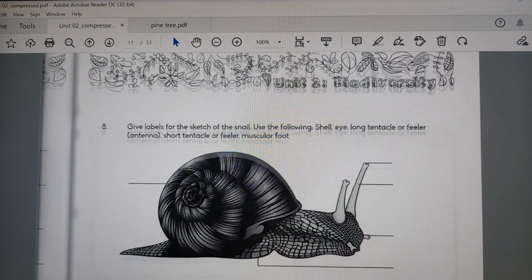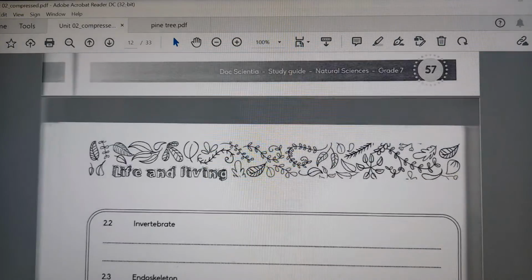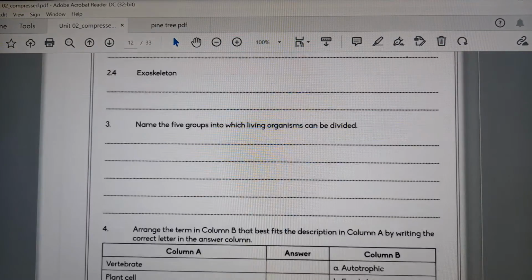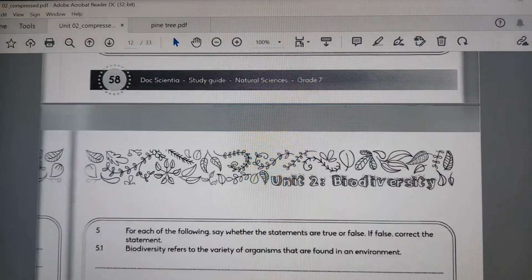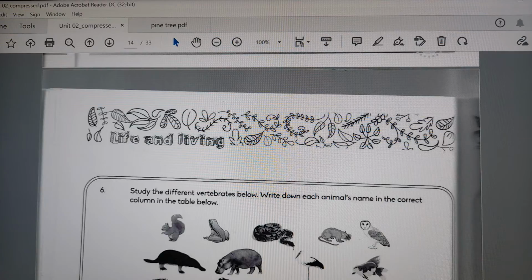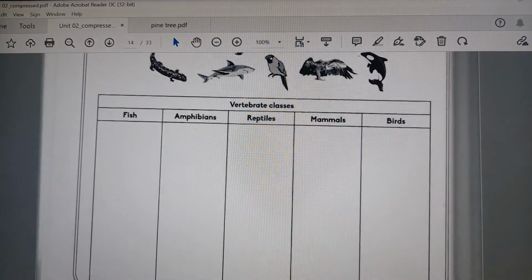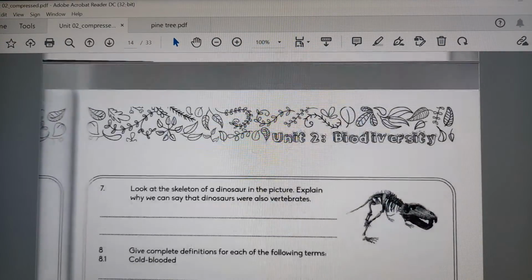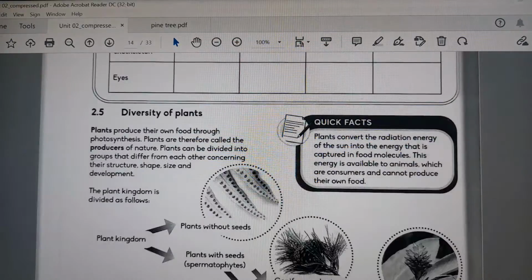Let's continue now. We have covered the 4 classes of invertebrate animals. Please, you need to know those 4 classes of invertebrate animals.